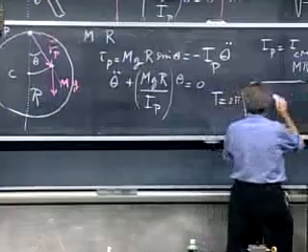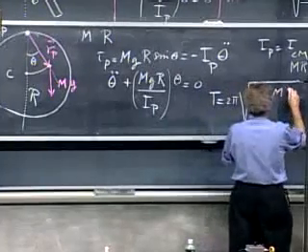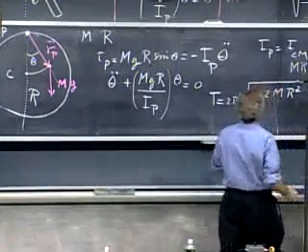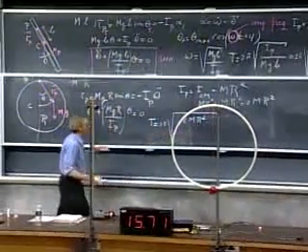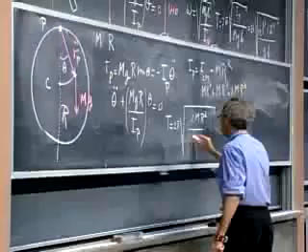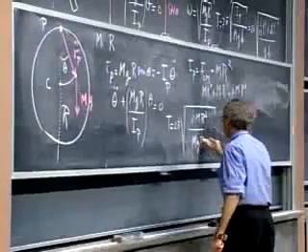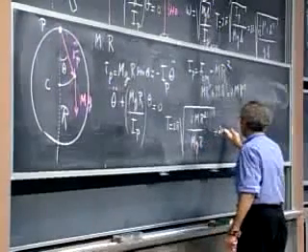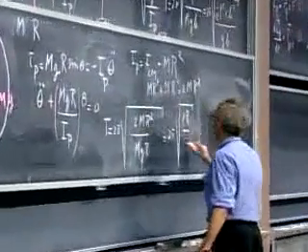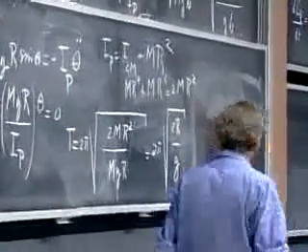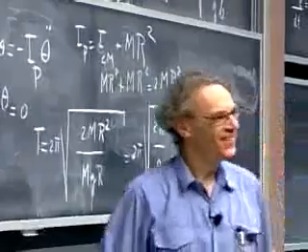But IP is 2mr squared. So now we have mgr divided by mgr. And that is 2 pi times the square root of 2r over g. And that is a cute result.